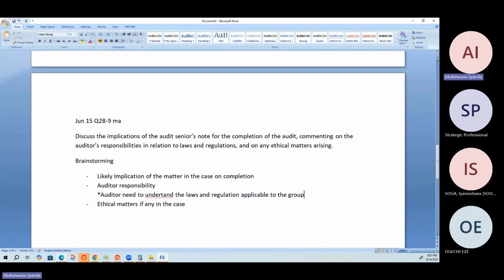For me to know whether my client is right or wrong, you need to first of all understand the law. If you store this chemical, it seems to be against the regulation.